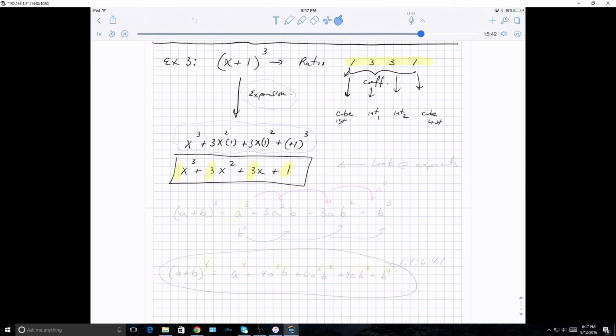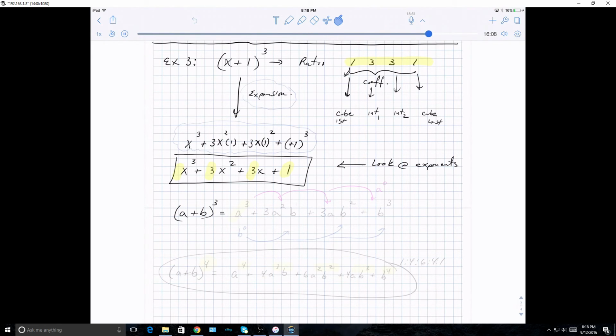Now, hopefully you see a pattern here, and you might only see it as part of it, but what I want you to keep in mind here is look at the exponents. So here is the general rule for a plus b to the third power.